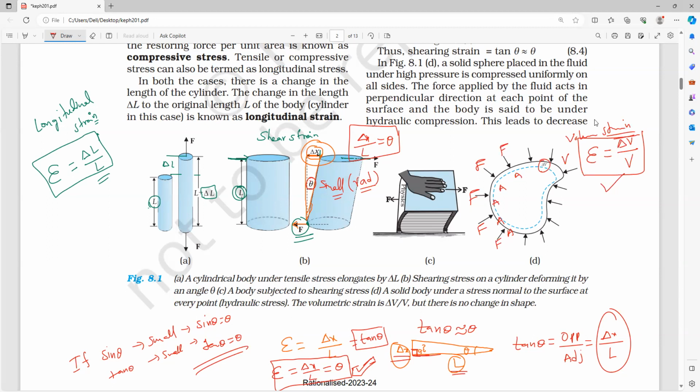So these are the three types of strain: longitudinal strain, shear strain, and volume strain. If anybody has any doubt, you can ask me and I will explain. Are you clear, everybody?